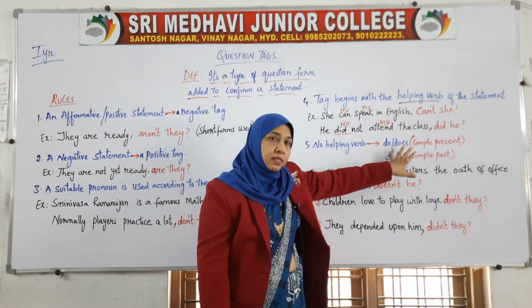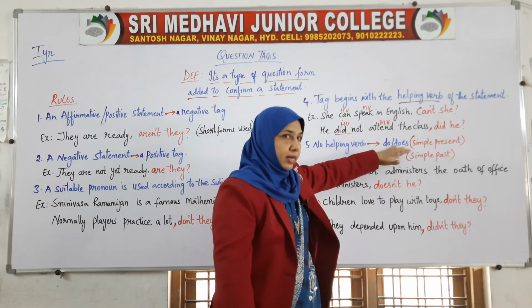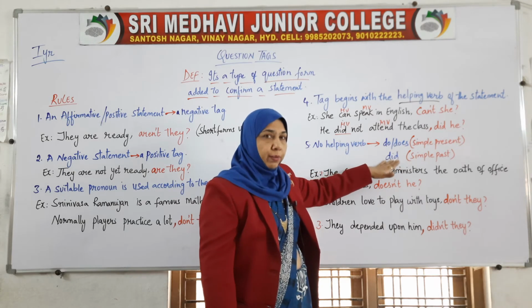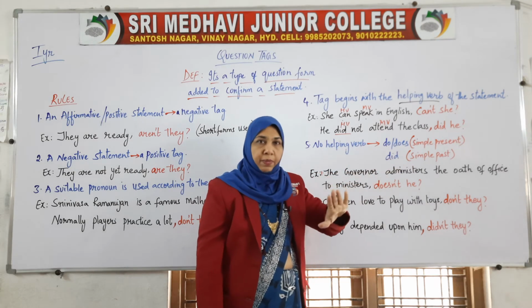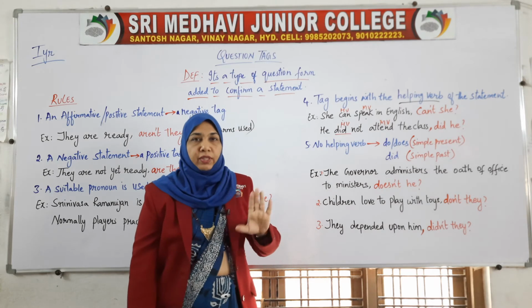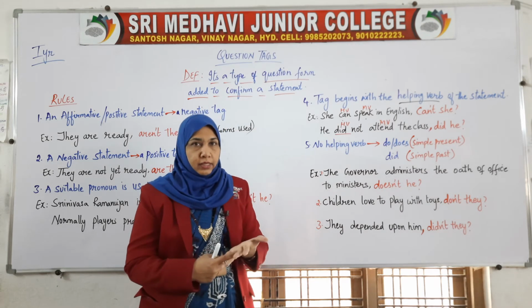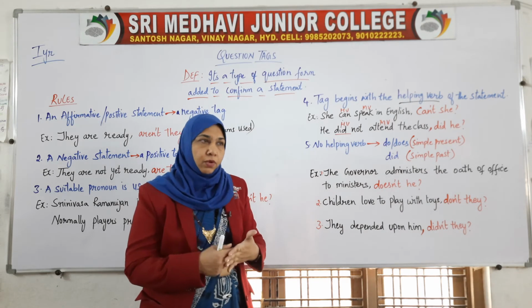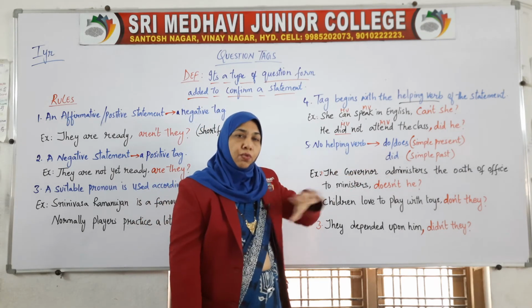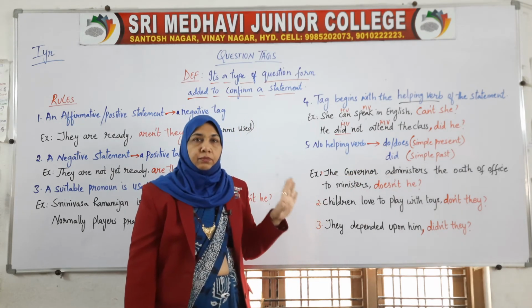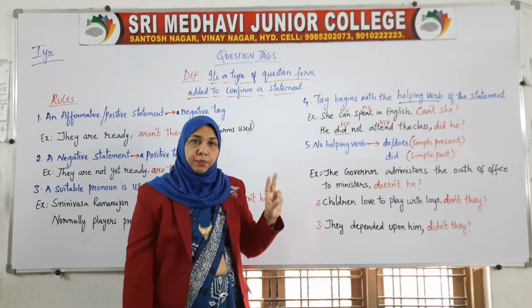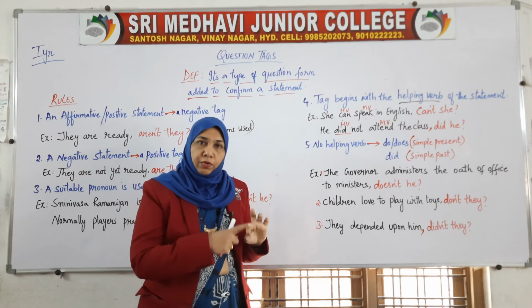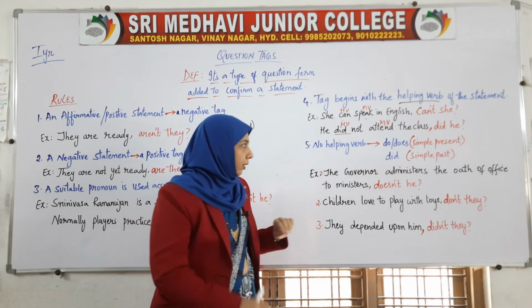If it is in simple present, we use do or does according to the requirement. And if the sentence is in simple past, we use the form of did, either didn't or did, in the negative or positive. And did can be used for all persons, first, second, third, both singular as well as plural.